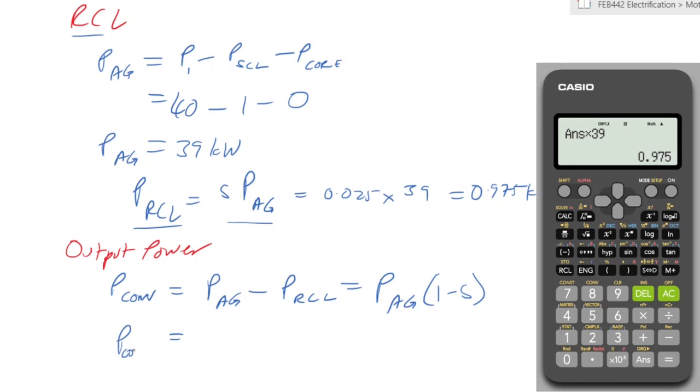So converted power is equal to 39 times 1 minus 0.025, which is equal to 39 minus 0.975, which is 38.025 kilowatts. So that's converted power.